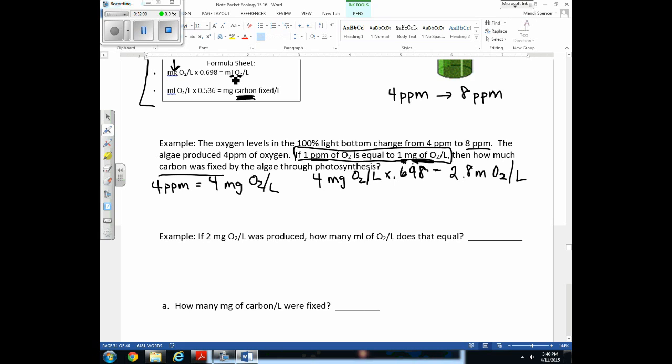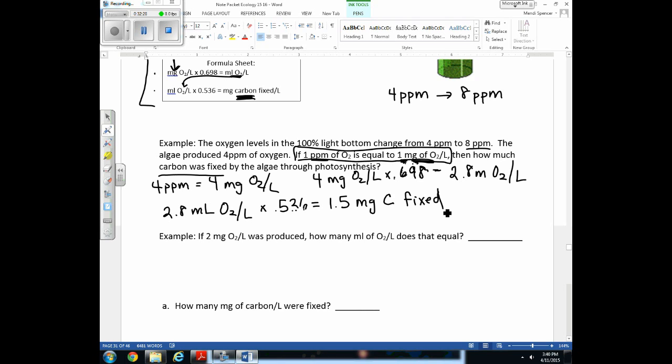Gives us that number right there. Once we have that number, we can actually plug it into the next equation. So if we have 2.8 milliliters of oxygen per liter, we're going to multiply that by 0.536, like the equation shows us. And that tells us that during that time, 1.5 milligrams of carbon was fixed.